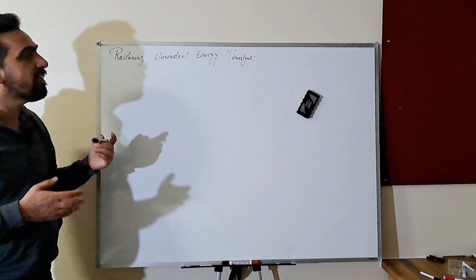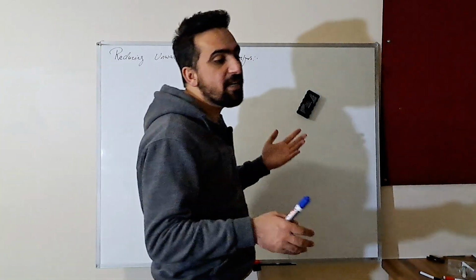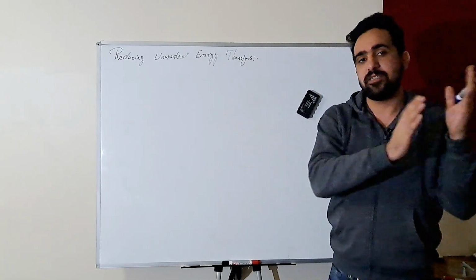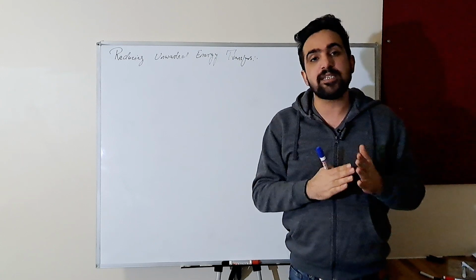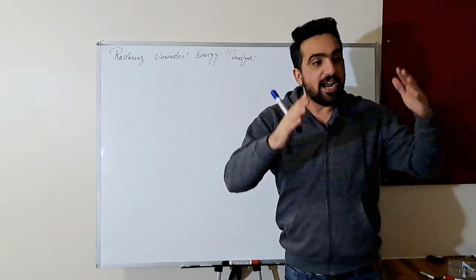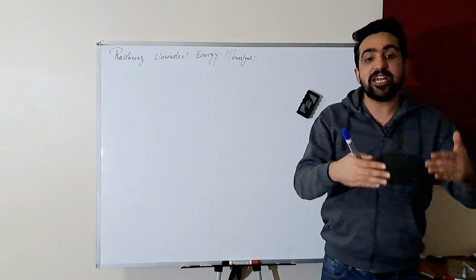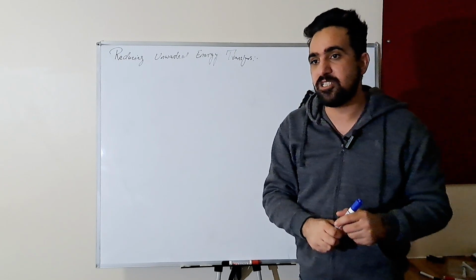it. And usually the useless store is the thermal energy store, from which you cannot retrace the energy. Okay, in most cases it's the thermal energy store, and in most cases energy tends to move toward the thermal energy store.